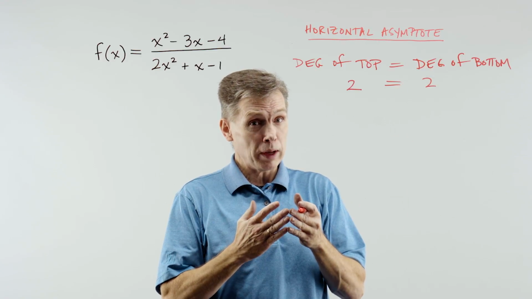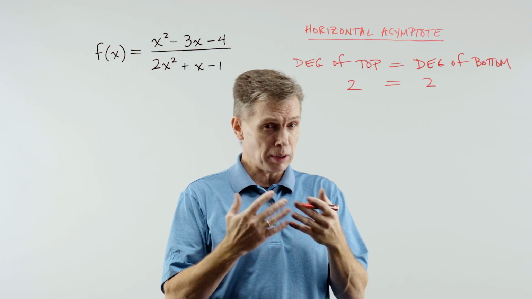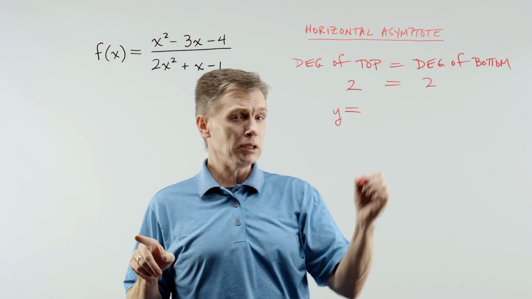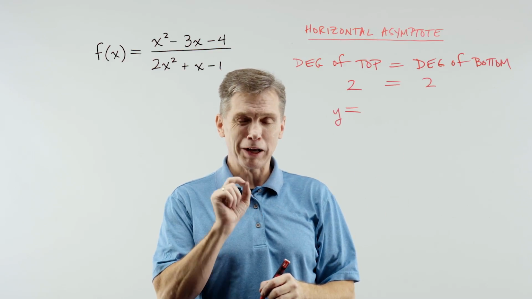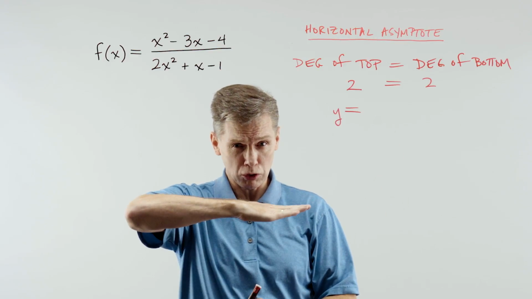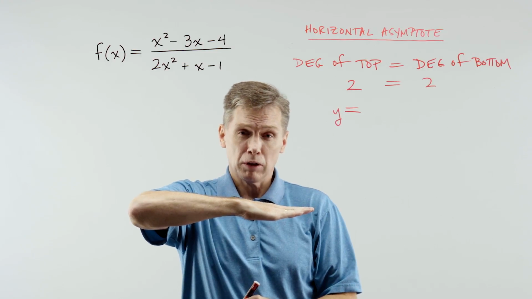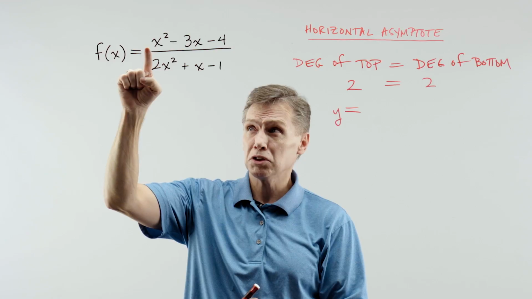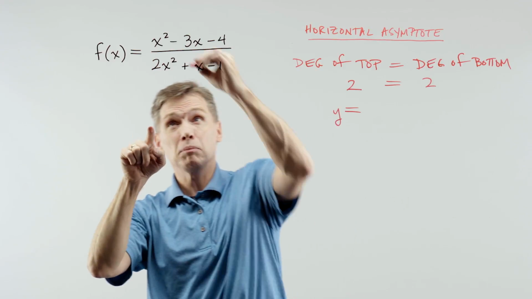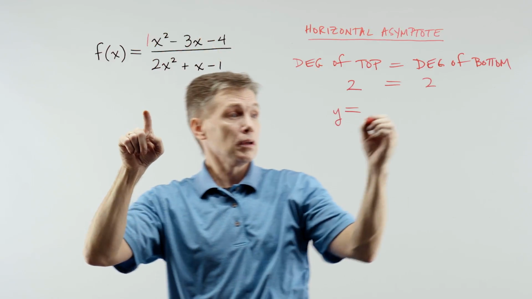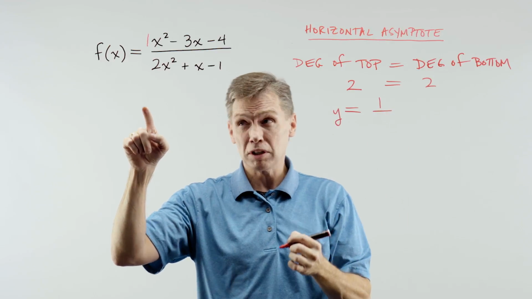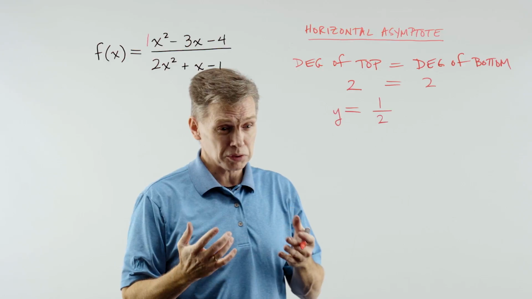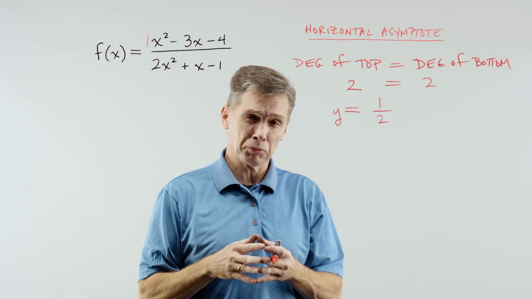Now, when the degree of the top equals the degree of the bottom, then your horizontal asymptote, y equals, because it's a horizontal line, will always equal the ratio of the coefficients. The leading coefficient up top is just 1, and the leading coefficient downstairs is this 2. So y equals 1/2 is my horizontal asymptote.